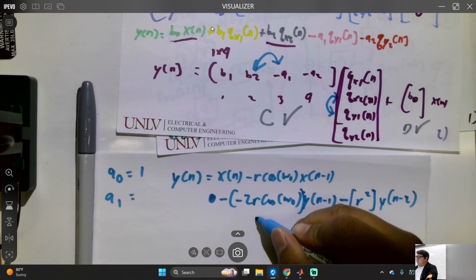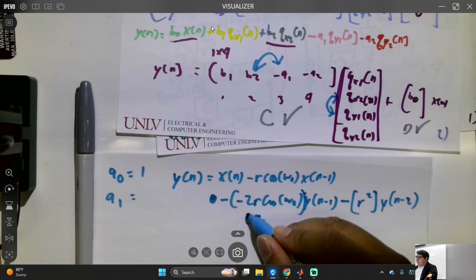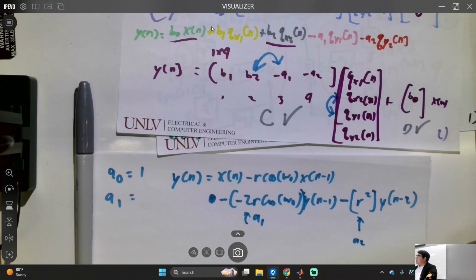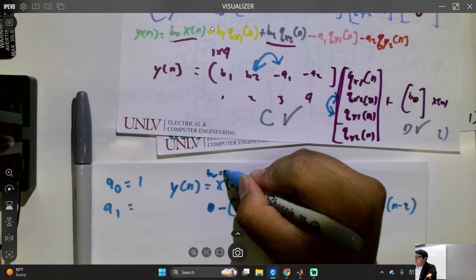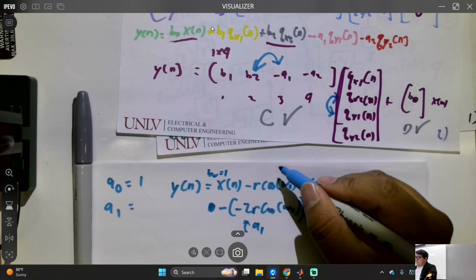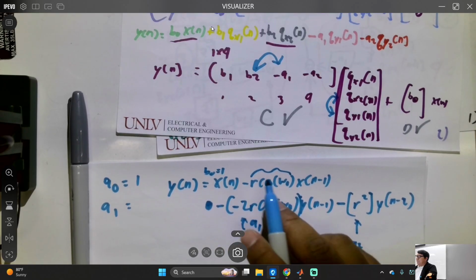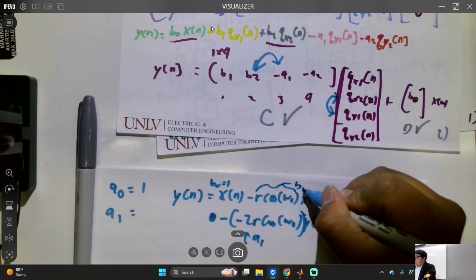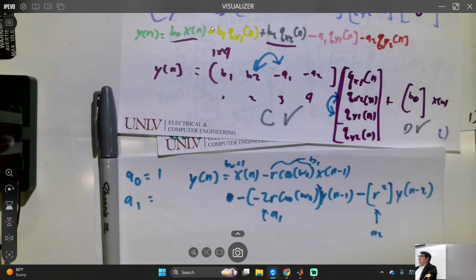Because this is going to equal your A1 term in MATLAB. This right here is going to equal your A2 term, correct? And then B0 is just equal to 1. I could have done plus parentheses minus r cosine omega, and this would have been your B1. Is everyone understanding what I'm trying to show you so you can get your homeworks done?